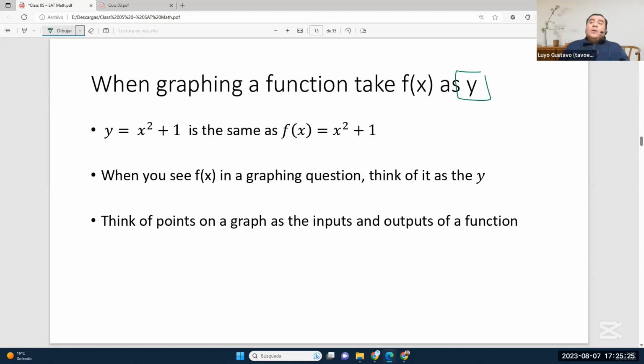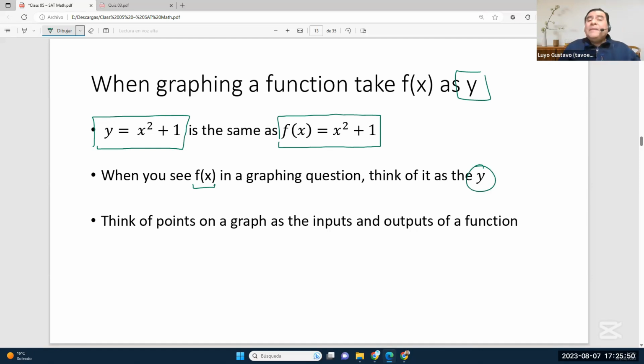So for example, when you see this curve, y equals x squared plus 1, this is exactly the same as if you saw written f of x equals x squared plus 1. Okay, so if you have a graphing question, and in this question they mention f of x, simply think about f of x as the variable y, the dependent variable.